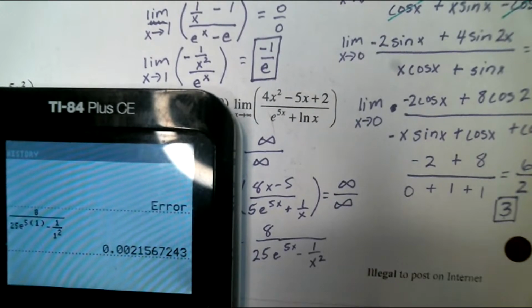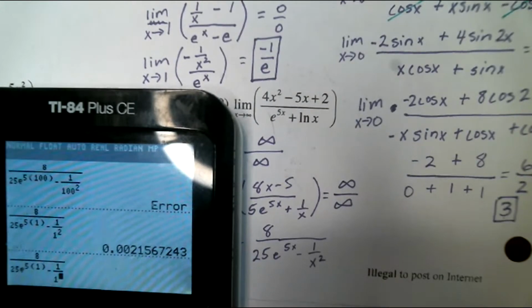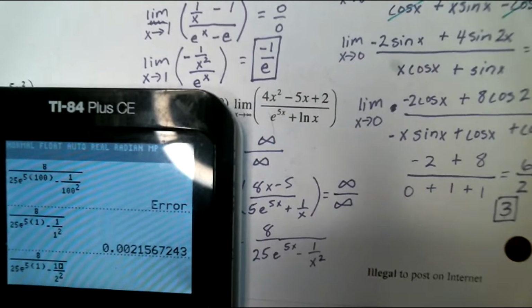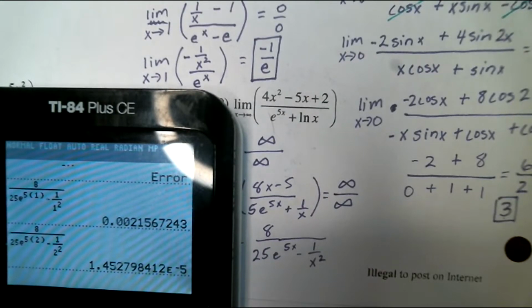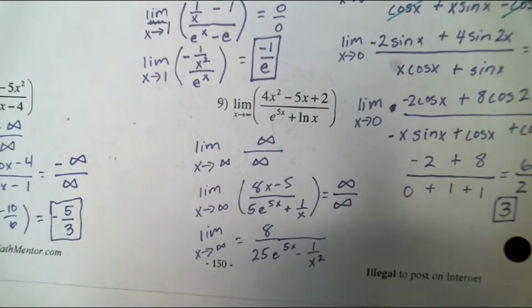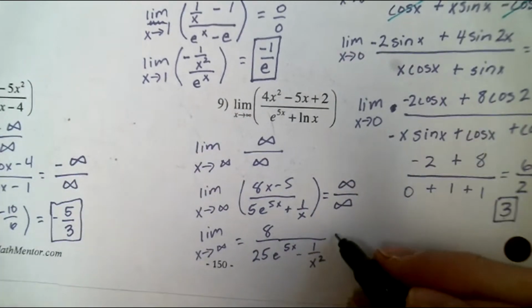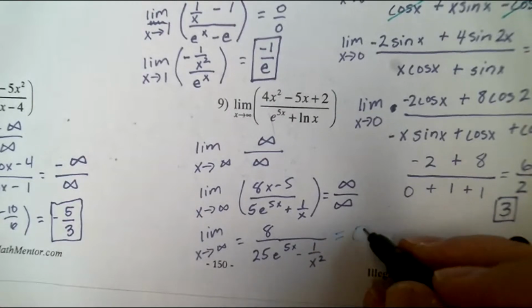So if I tried 2, see where 2 takes you. 1.45 e to the -5. So that's even closer to 0, guys. So what I'm approaching here would simply be 0.